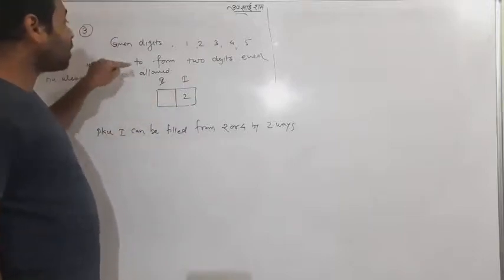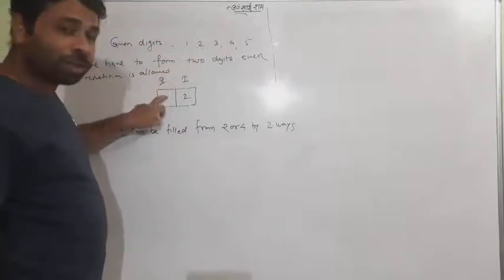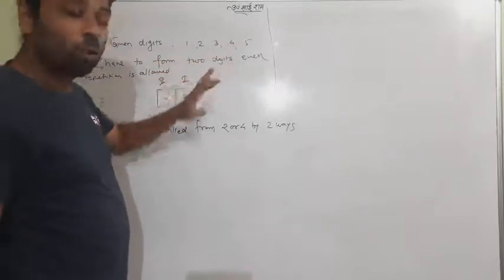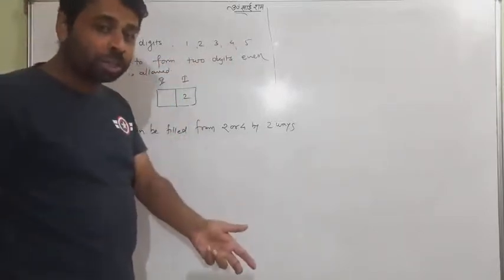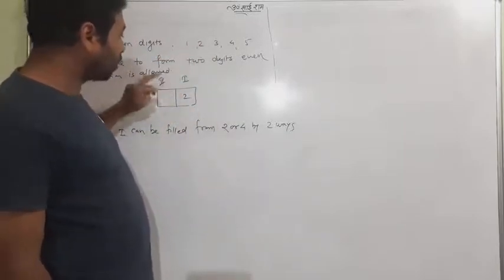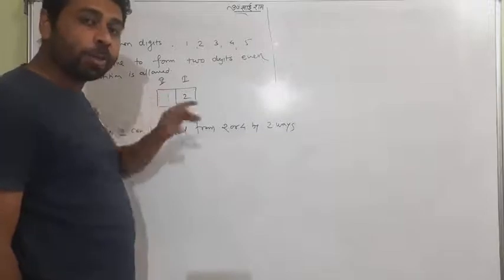When repetition is not allowed, then 2 cannot come here. So this place at that time will be filled by 1, 2, 3, 4 ways. But when repetition is allowed, 2 also can come here. So 1 can come here, 2 can come here, 3 can come here, 4 can come here, 5 can. How many ways? 5 ways.